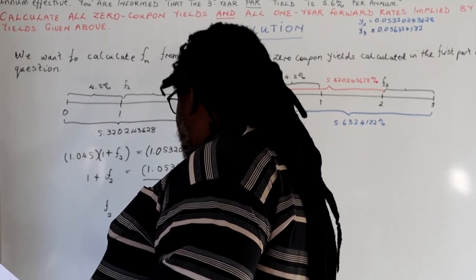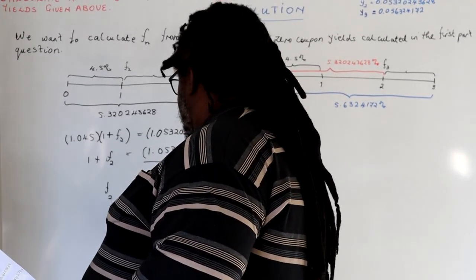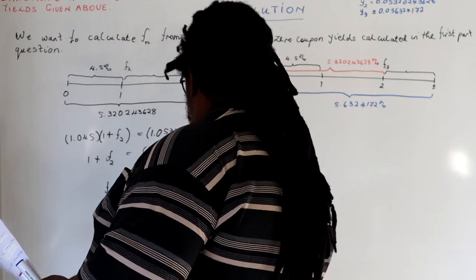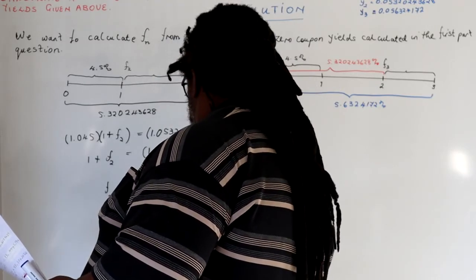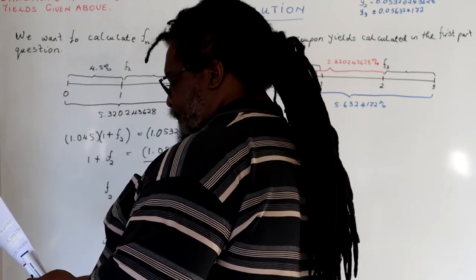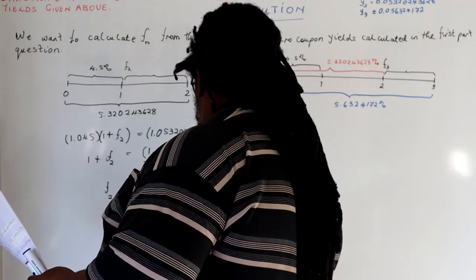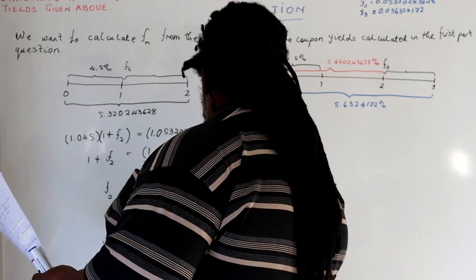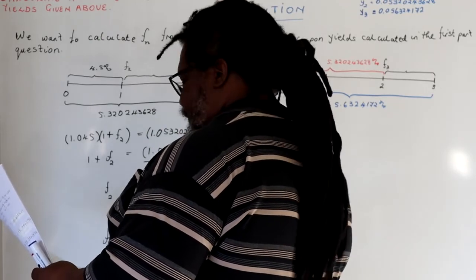You will find out that F2 is equal to 0.06146 9225.